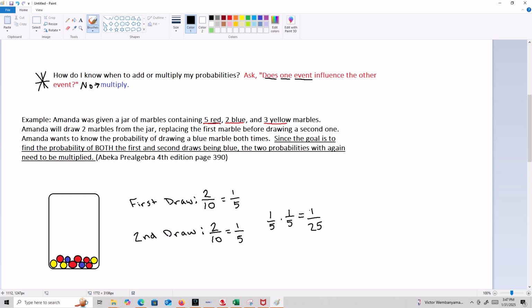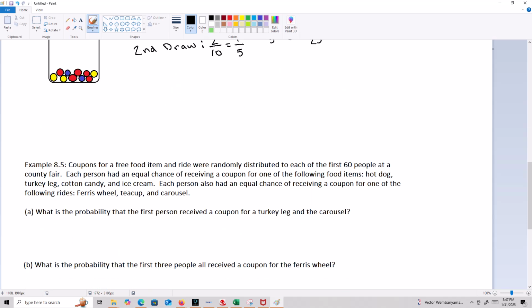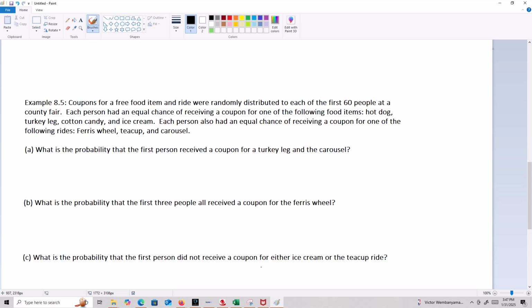Okay, so moving on to example 8.5, this is from page 390. Coupons for a free food item and ride were randomly distributed to each of the first 60 people at a county fair.